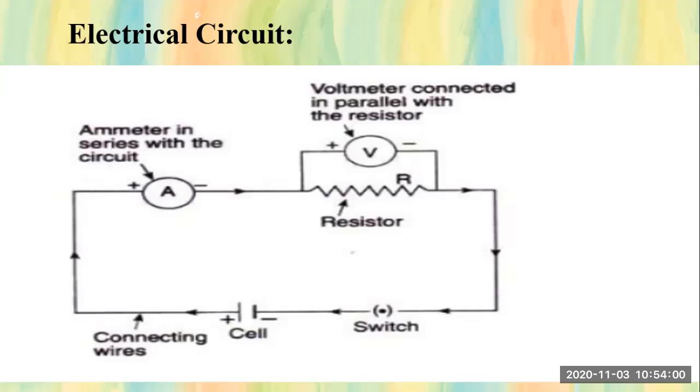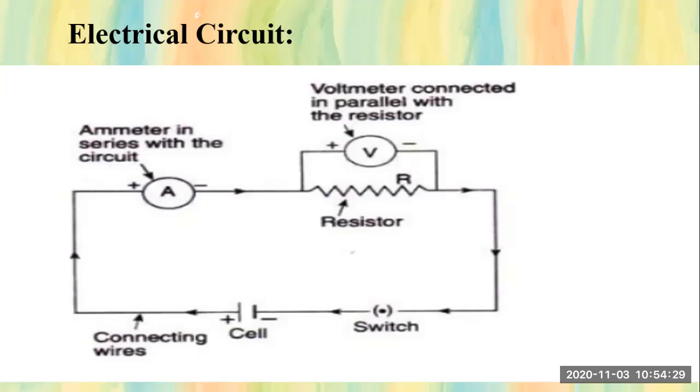Why? Because it wants to measure the potential difference between the 2 points of the resistor, the input and the output, right? And the voltmeter has high resistance, so a high amount of current is not able to flow through the voltmeter, and it can easily measure the potential difference of the two ends of the resistors. Okay, so see here the circuit is closed.